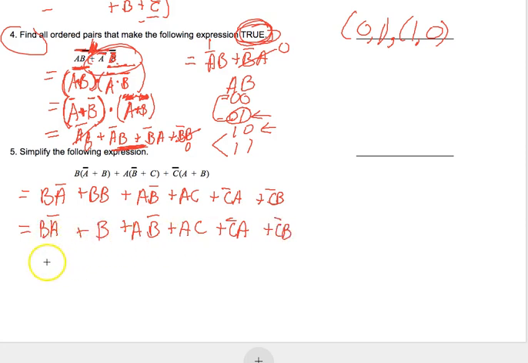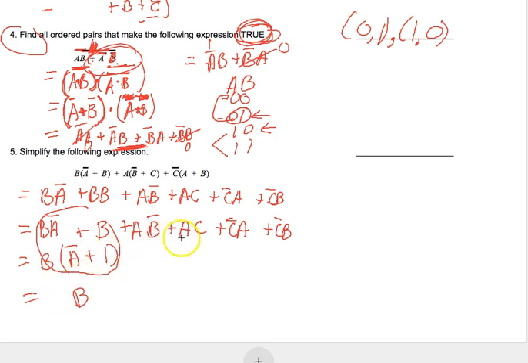This b could be factored out here from these two parts, leaving a 1 right here. And that's all of this just kind of turned into that. And anything plus 1 simplifies to a 1. So that whole thing is really b times 1, which is really b.